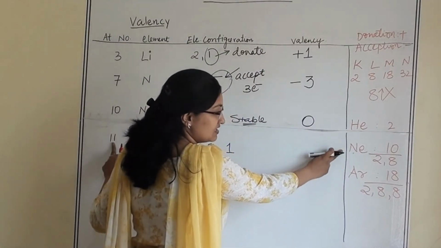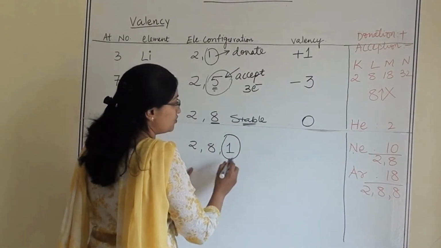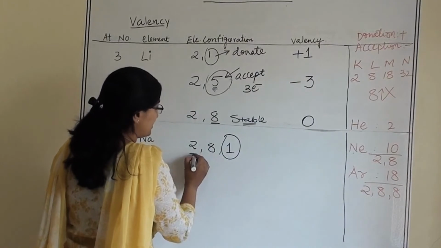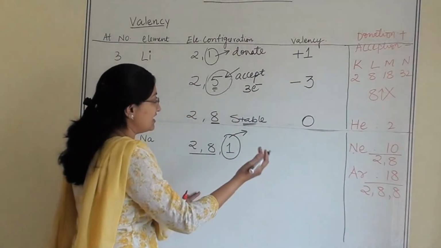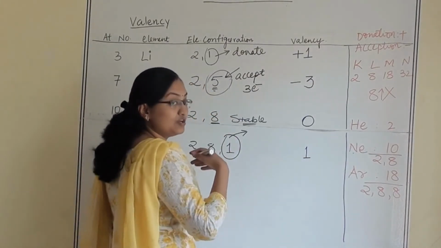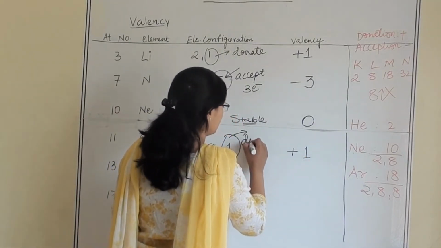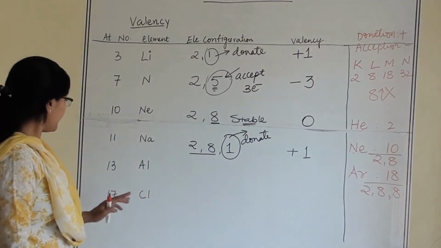Yes, it is near to neon. So this one electron, what is neon's electronic configuration? 2, 8. If it wants to be like neon, then it has to donate this 1 electron. How many electrons will it donate? 1. And will it donate or accept? Donate. When it is donating, the charge will be plus.